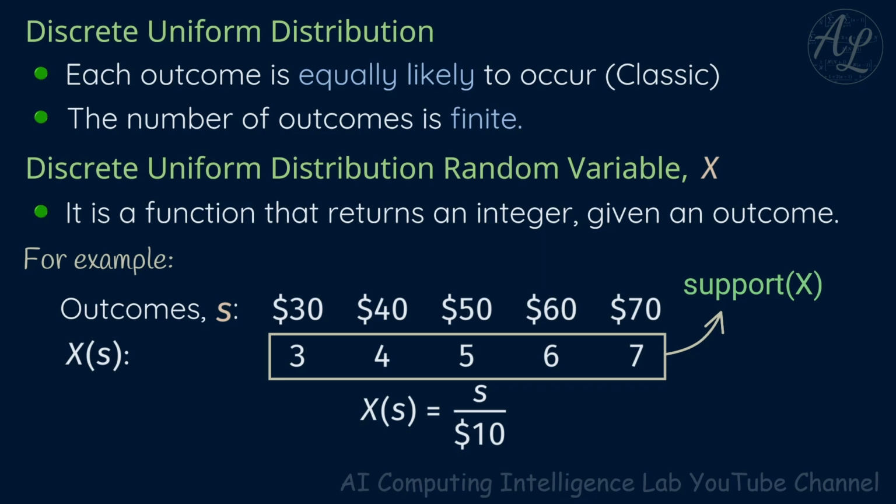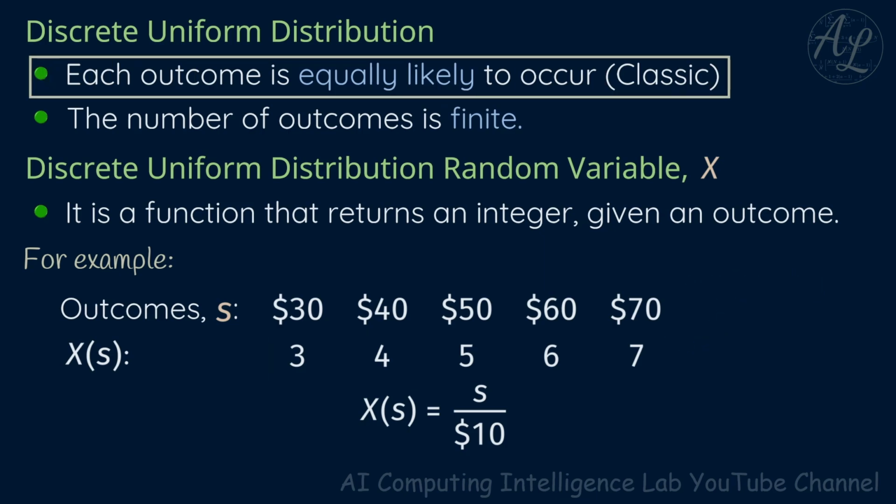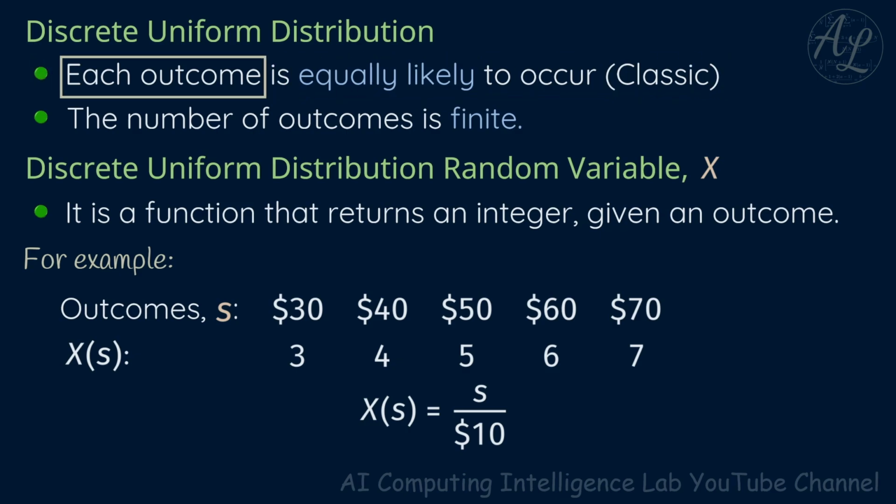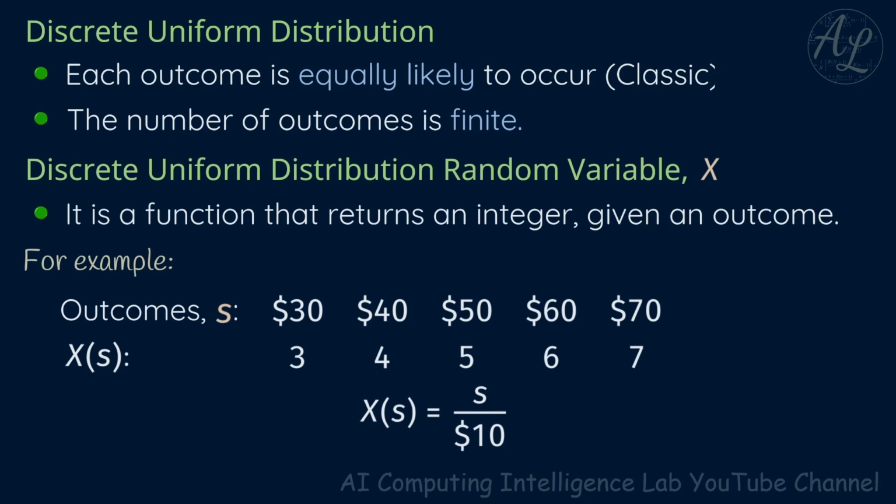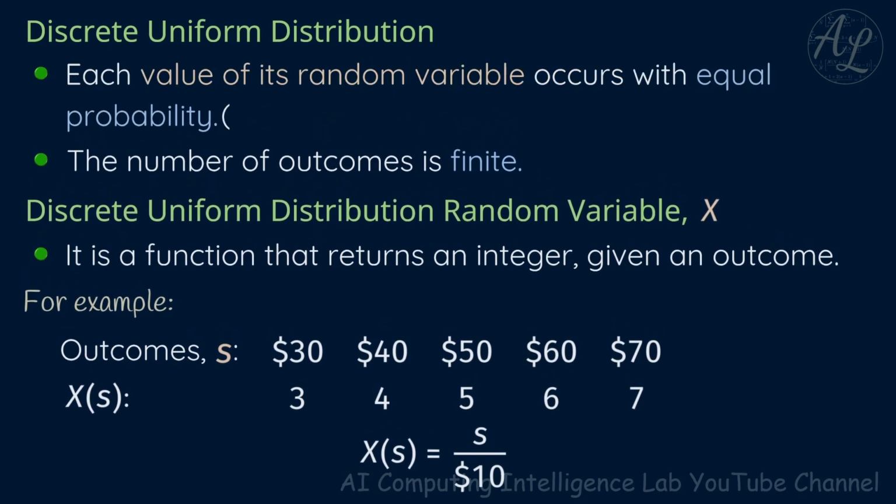So now, since we have discussed the random variable for this distribution, we can now correct this description in here. Instead of each outcome, we have to change it to each value of the random variable. It is for the rigorous definition of the discrete uniform distribution so that we can apply our expressions correctly.